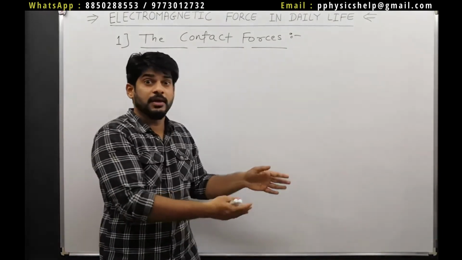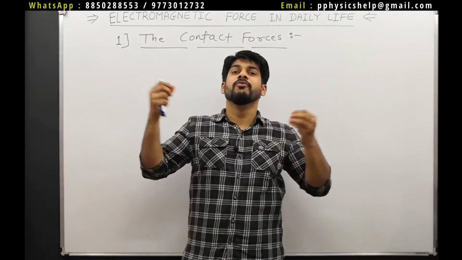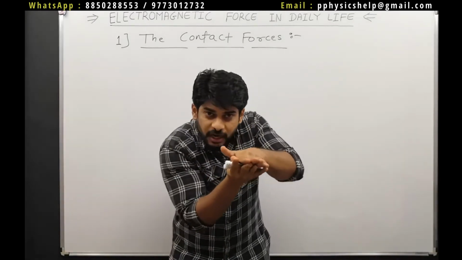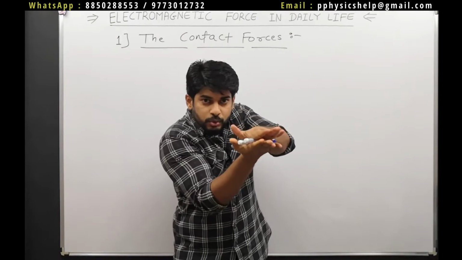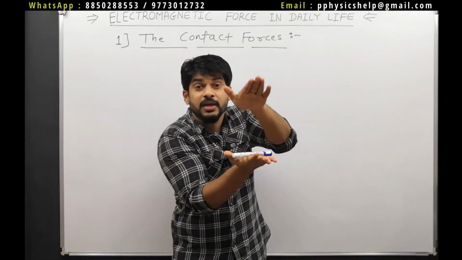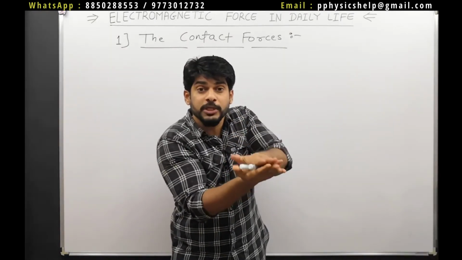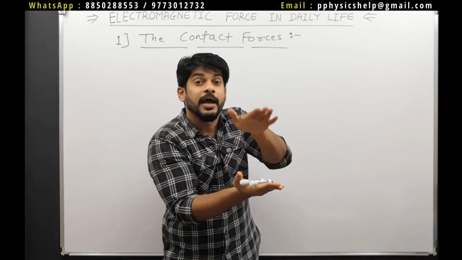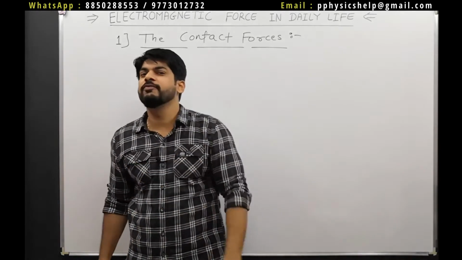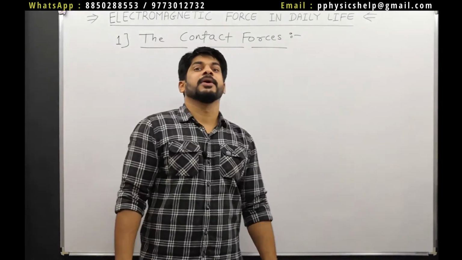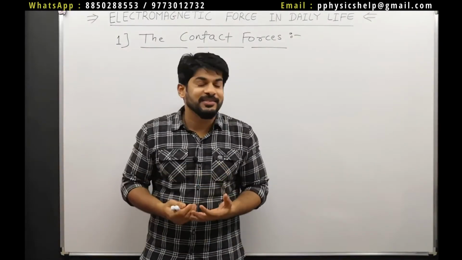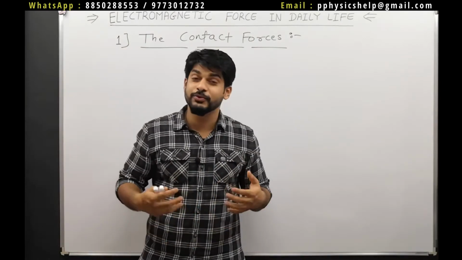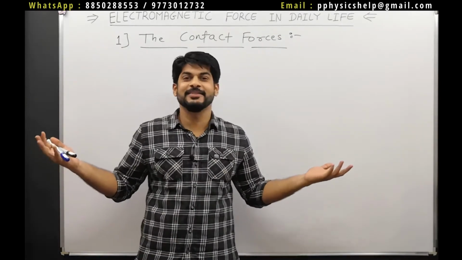This is just one example, but in all cases, wherever two surfaces are in contact with each other, the atoms of the two surfaces exert some force of repulsion on one another, and that is how contact forces arise. So it's nothing but the electromagnetic force at work.